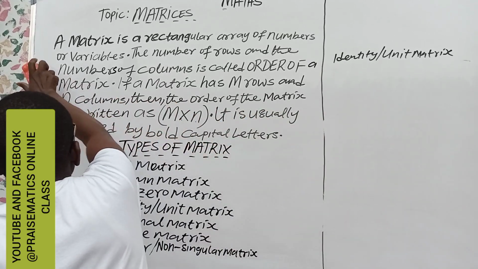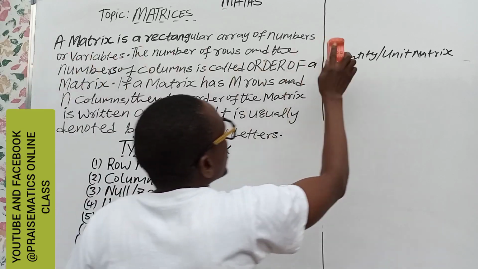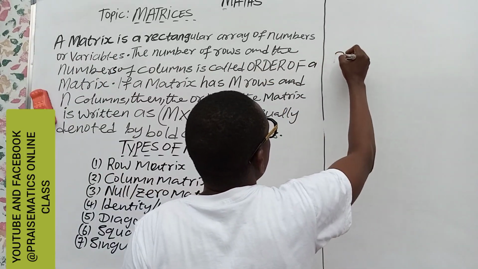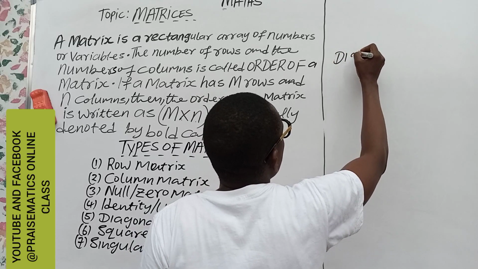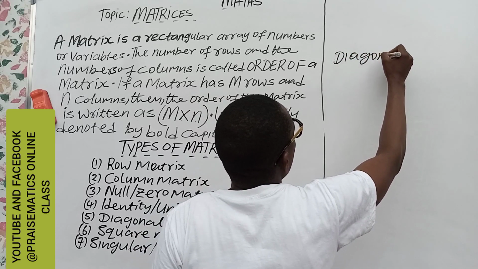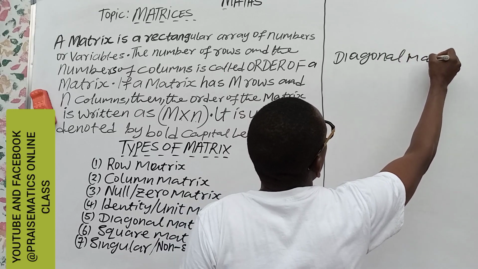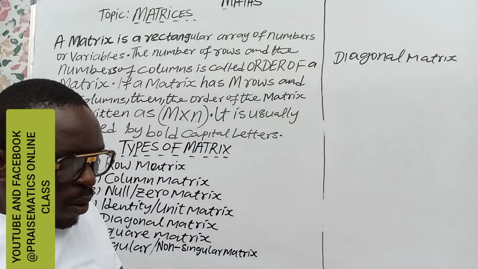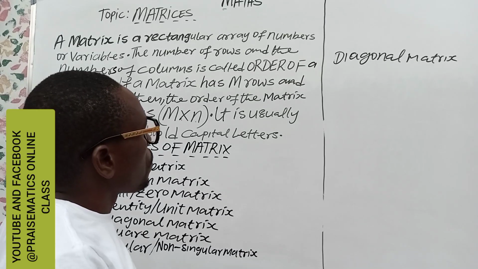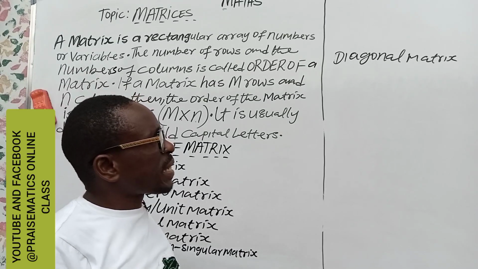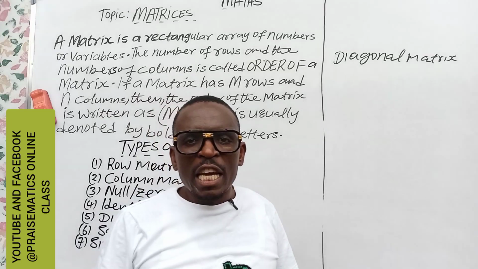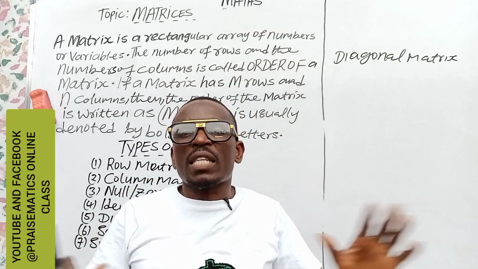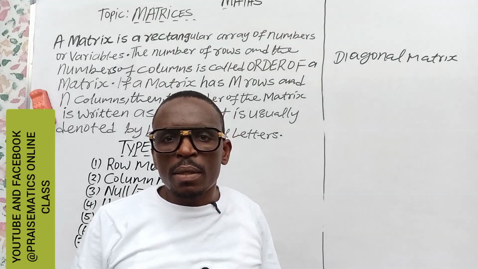Okay. Now let's look at another one called diagonal matrices. Diagonal matrix is a type of matrix in which their leading diagonals are numbers.